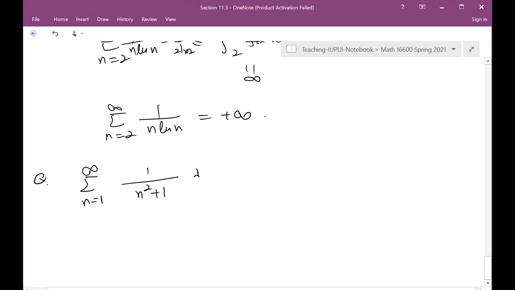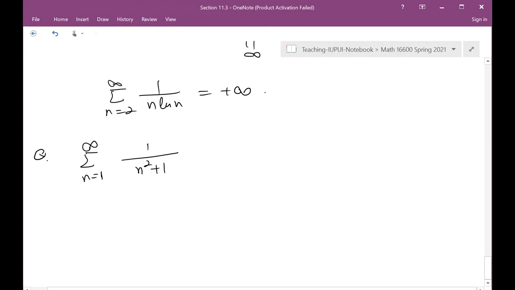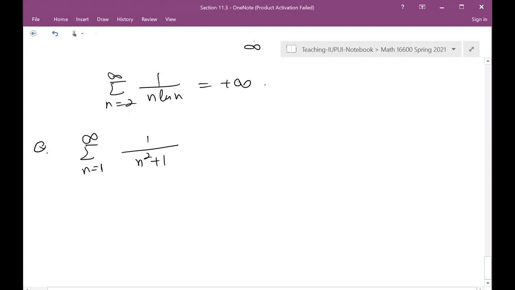Now, how do we check whether this series is convergent or divergent? There are a couple of ways to do it. The method we're going to use here is what we learned today, the integral test.